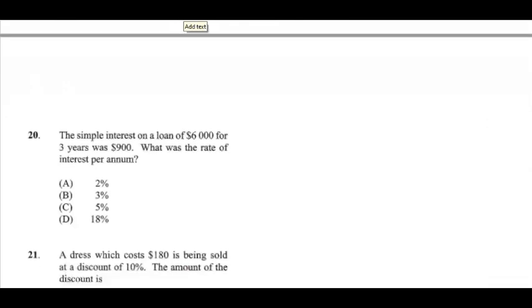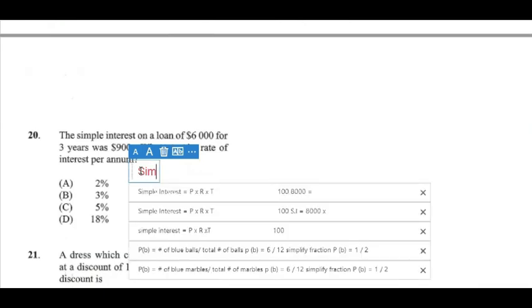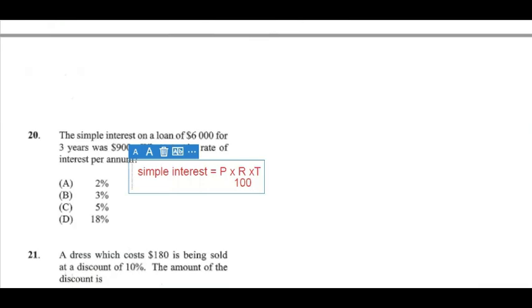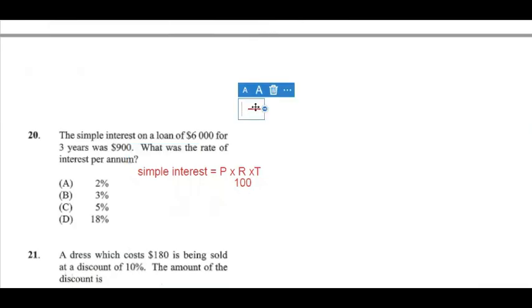So we're moving to 20. The simple interest on a loan of $6,000 for 3 years was $900. What was the rate of interest per annum? So if you remember our formula for simple interest, the simple interest is equal to principal times rate times time, and all of that is divided by 100.